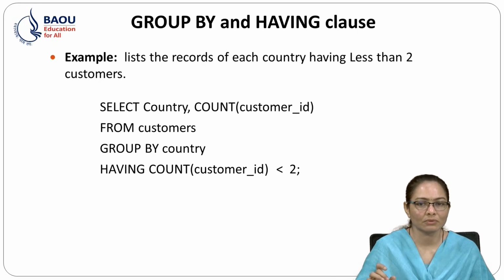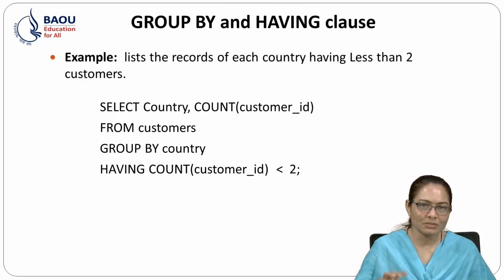Customer ID is counted, the number of customers. So count and then in brackets customer ID. So we use the count aggregate function here. The having clause is used with the aggregate function, and count customer ID less than 2. Writing the group by and having clause is very simple.